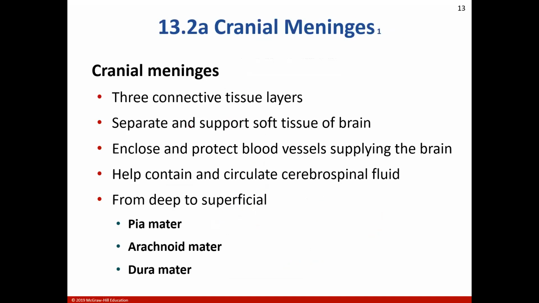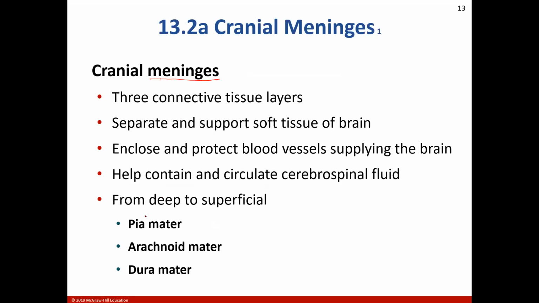So these are the coverings. I'd like to do this today because this brings up good questions too, like who was asking about subdural hematomas and stuff. So the coverings of the brain and spinal cord, really of the CNS, are called meninges. And these are the brain meninges, or the cranial meninges, right?